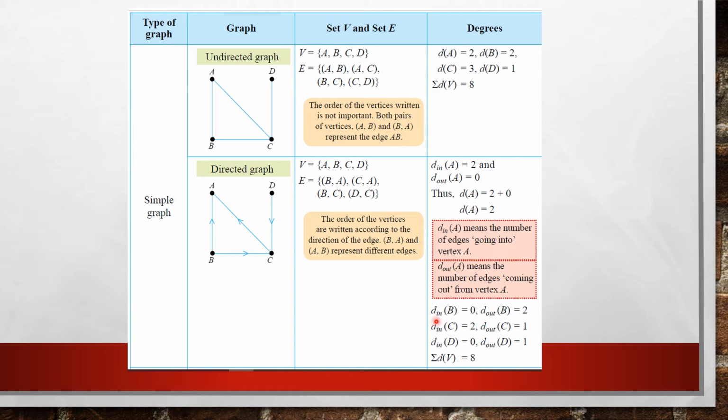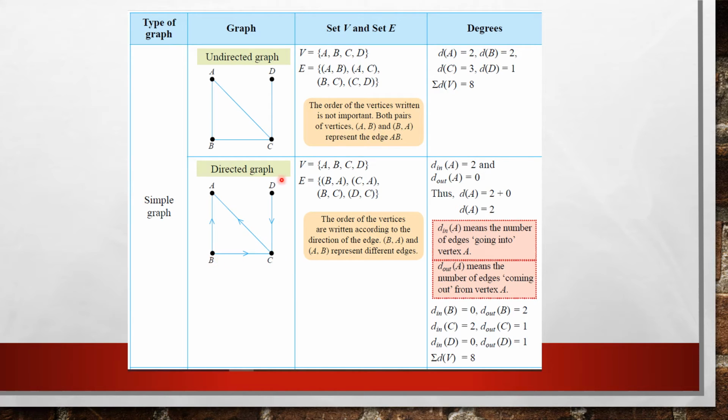The same goes for vertex B. For vertex B, you have 2 lines also, but the arrows are going out from B. So degree in is 0. Degree out B is 2. Next, we look at C. Vertex C has a total of 3 lines.